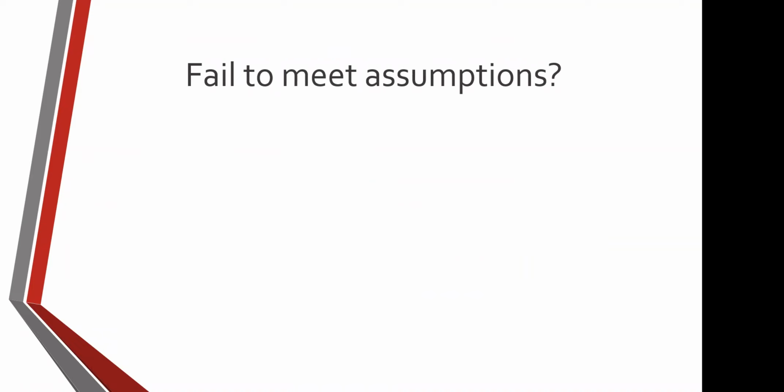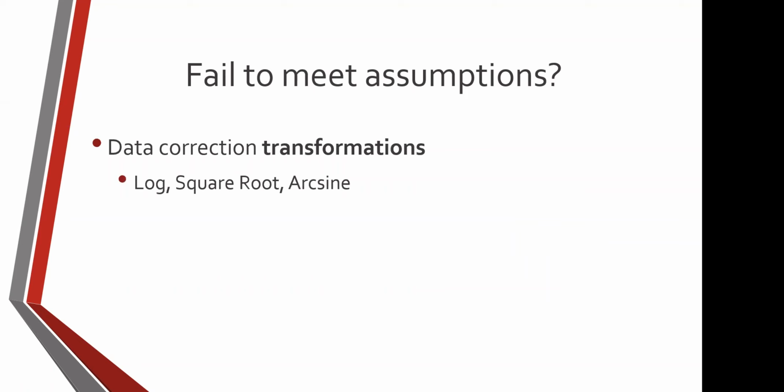And so then, the next question is, what happens if these assumptions are not met? So we do have data correction transformations that are designed to correct the underlying distribution of the data without affecting the results.